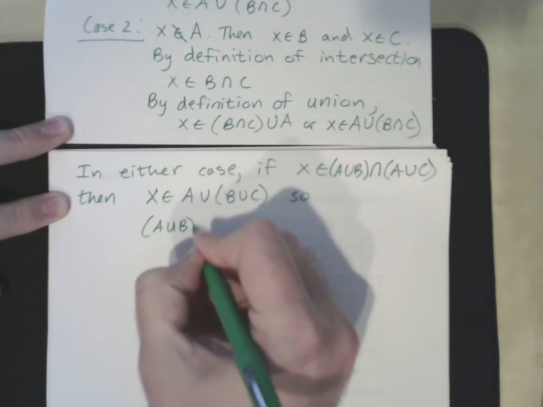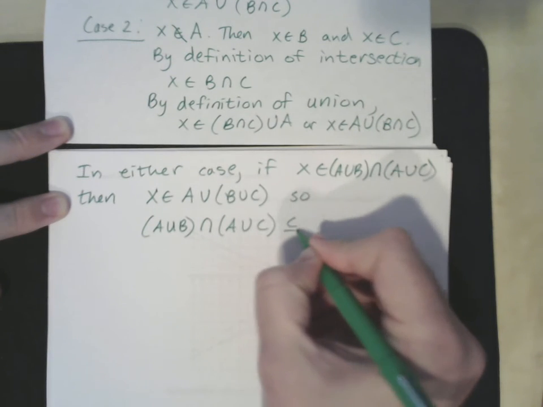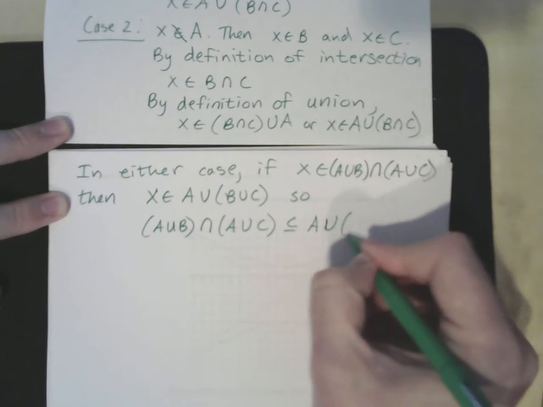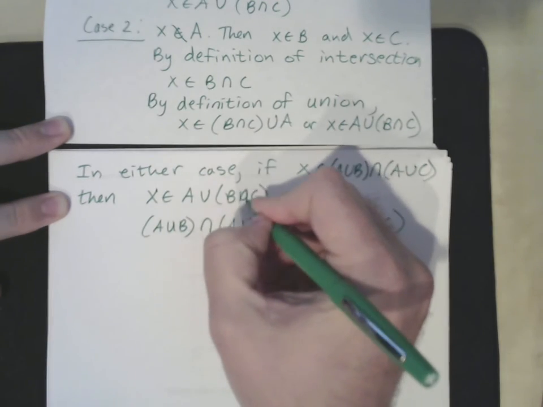A union B intersect A union C is a subset of A union B intersect C. I wrote union here again. This should be intersect.